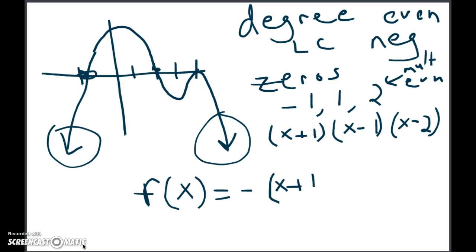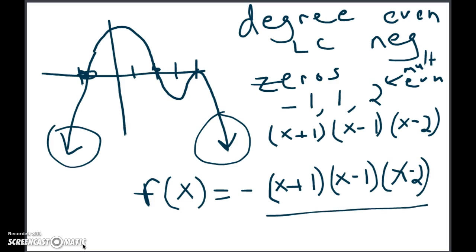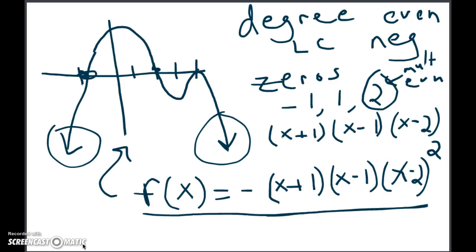It's going to have x plus 1, x minus 1, x minus 2. Now I know this is wrong because this would have an odd degree. What I'm forgetting is the multiplicity of this 0 is even, which means I have an even exponent here. I can put it that way. So this equation would have a graph that looks like that.